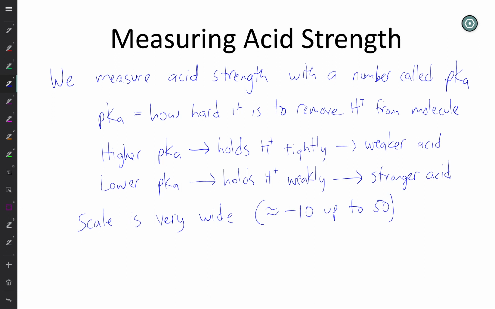But one of the things we want to be able to do is use this list to compare molecules and be able to say which molecules are most likely to give up H plus, which molecules are most likely to take H plus from others.